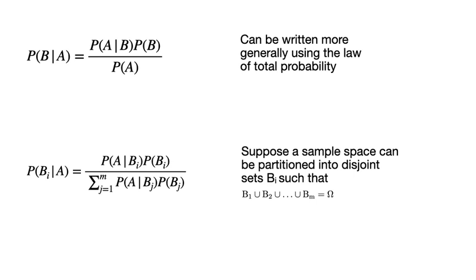B given A turned into A given B. And, well, we need to normalize by the probability of A down here. But probability of A can be broken up according to that law of total probability into a sum over all the disjoint sets of all the possible B's, all the different values that B could obtain. We can just sum over all those B's and do probability of A given B times the probability of B over all the possible B values, and that is the marginal broken up into a bunch of joint probabilities.